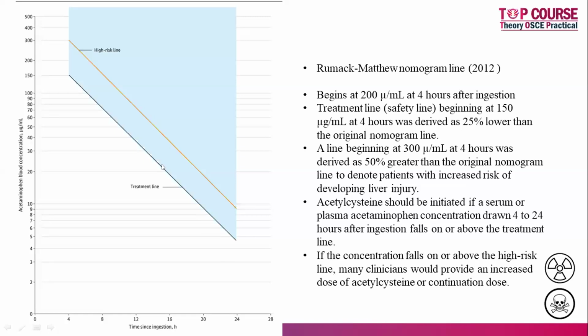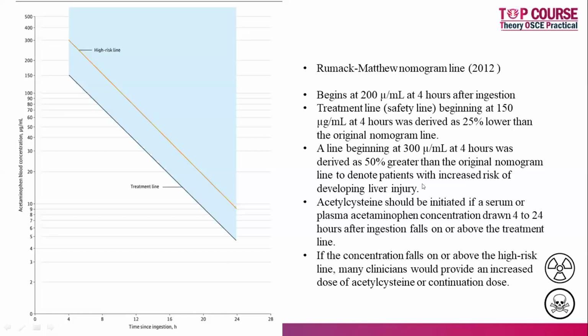Now the second line begins at double the dose, 300 microgram per ml at the same 4 hours, which was derived as 50% greater than the original nomogram line to denote patients with increased risk of developing liver injury. So two lines: one is the treatment line, also known as the safety line, and this is the high risk line. So 150, 300, both at 4 hours.